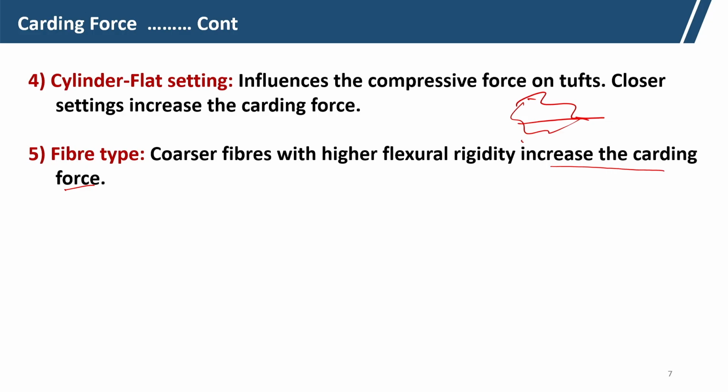But in the case of fine fiber, as they are very flexible, they follow the curvature created by the wear point, and that will absorb the force a little bit.